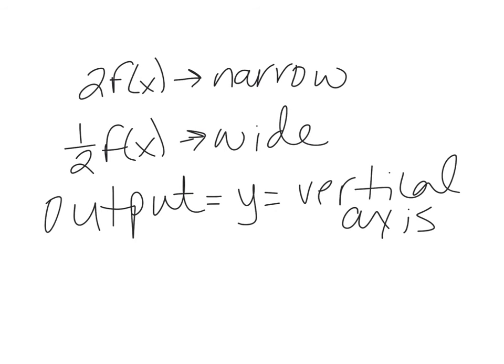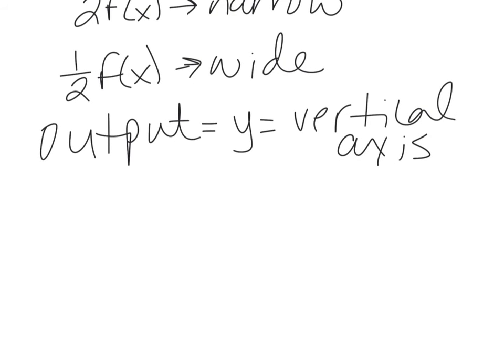Okay, so the parent function turns up in red, and blue was the narrower one. So in regards to this y-axis here, that's what I'm looking at. What happened? We call this a vertical stretch. Now here's how I remember it.